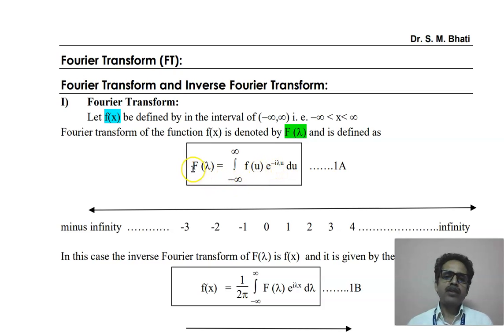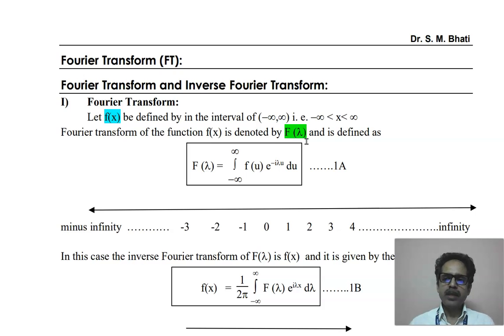You can see that this Fourier transform transforms function of x to function of lambda. f of x is a function of x and capital F lambda is a function of lambda. And Fourier transform takes function of x to function of lambda.